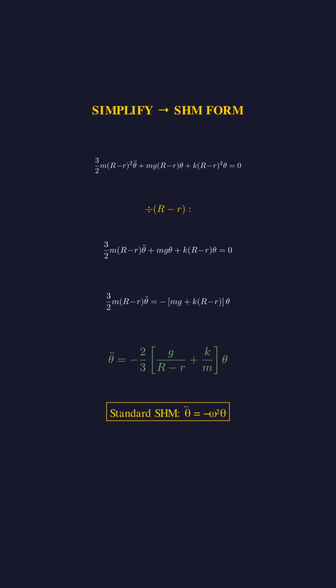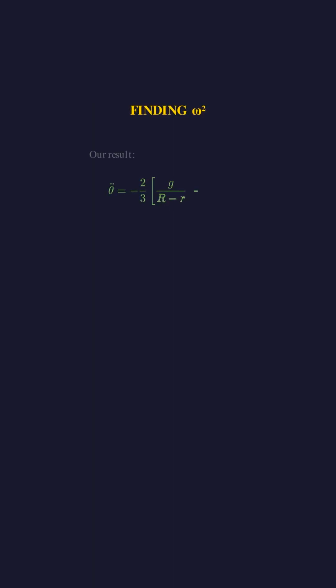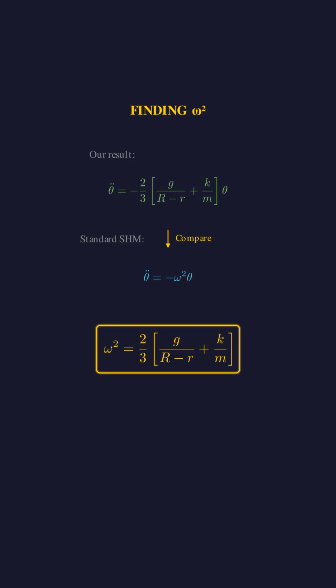Divide everything by (R minus r). Rearrange to get theta double dot equals minus something times theta. We get theta double dot equals minus 2/3 times (g over (R minus r) plus k over m) times theta.